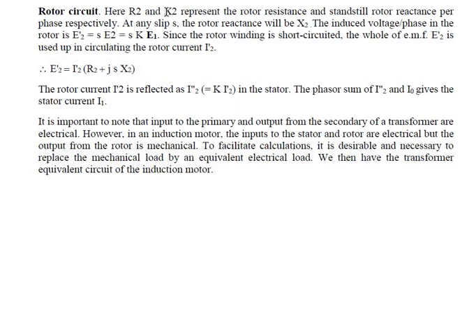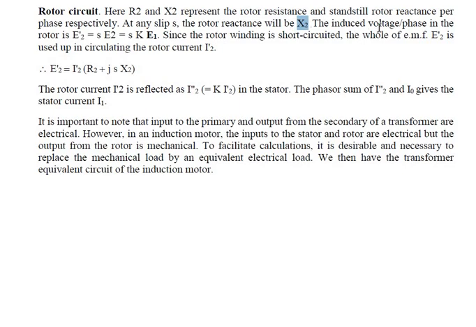But X2 is at the standstill condition, meaning the speed n is equal to 0, then the reactance is X2. At any slip s, the rotor reactance will be sX2.